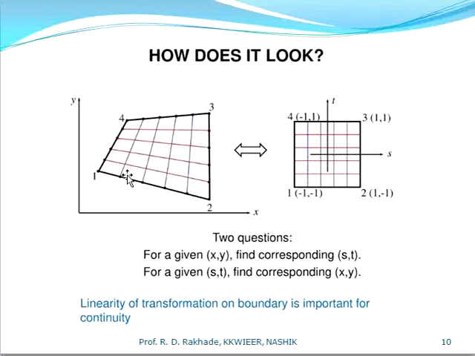Suppose I know the value of x and y in the irregular element, I can calculate the corresponding s and t value, meaning I can find the location in natural coordinates. If I know a given point in s and t form, I can calculate it in x and y form. So linearity of transformation of the boundary is important for continuity, meaning we can change from local coordinates to natural coordinates or natural to local.